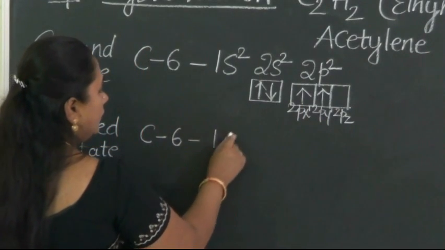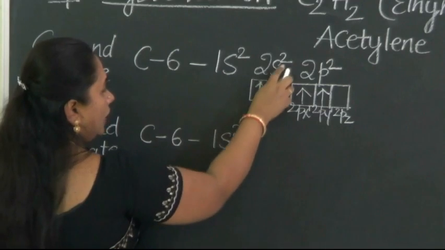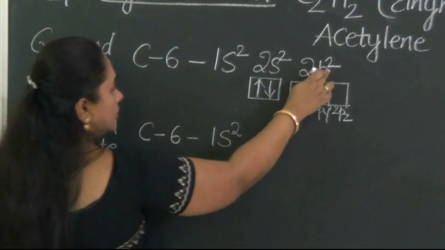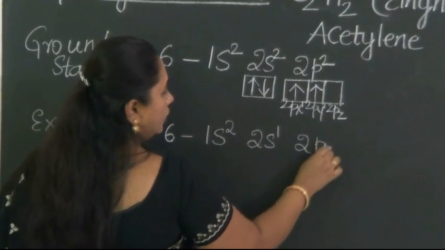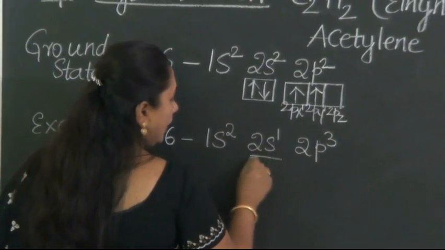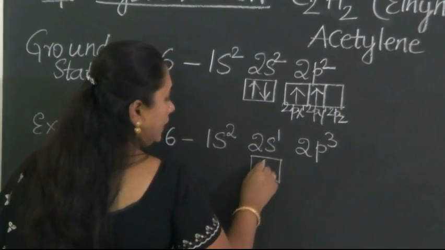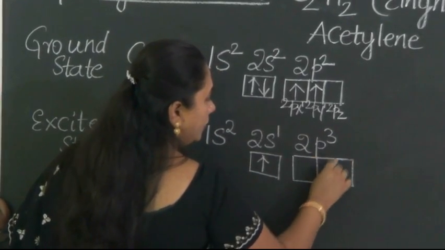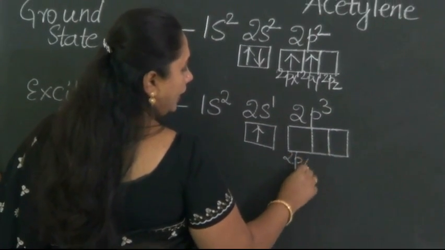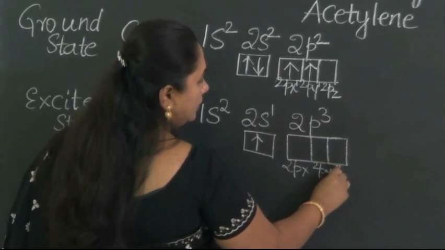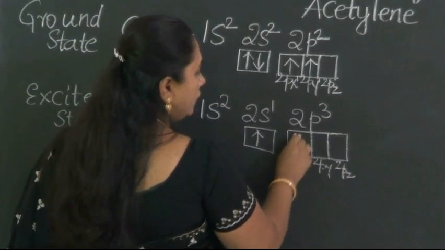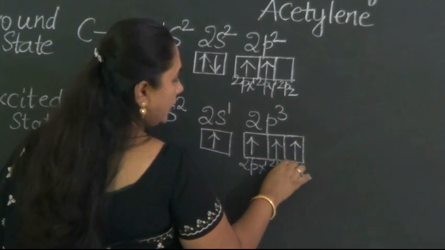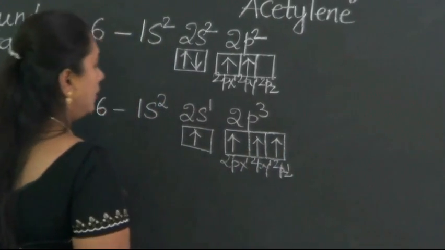Therefore the configuration will be 1s2, 2s1 and 2p3. So when we write the orbital diagram, how will it be? 2s will be carrying one electron and 2px, 2py and 2pz will each have an electron. So the configuration will be 2px1, 2py1 and 2pz1.